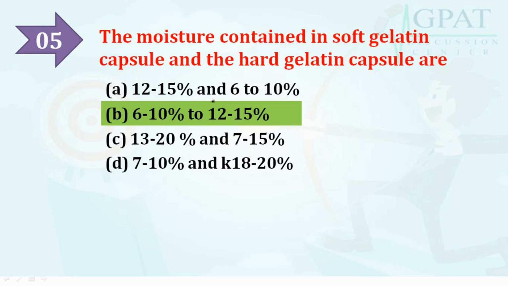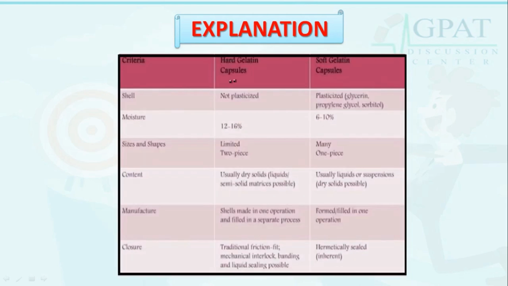In the soft gelatin capsule and the hard gelatin capsule, the moisture content is different. And what are the exact concentrations of their moisture content? Let's see in the explanation. In the hard gelatin capsule, the shell is not plasticized, while in the soft gelatin capsule it is plasticized. Moisture content in the hard gelatin capsule is 12 to 16% and in the soft gelatin capsule 6 to 10%.